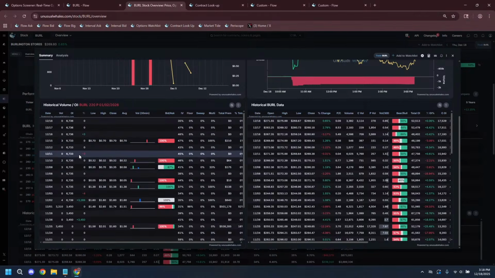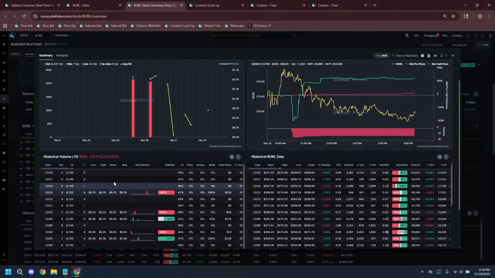So when someone in the chat says they don't like the Coat Factory, no, au contraire, my friend, they love the Coat Factory. A short put, the theory being that they are selling these puts, is a bullish to neutral trade. For this specific contract, if you are short the Burlington 220 put expiring on January 2nd, that means on January 2nd you would like Burlington to trade over 220.